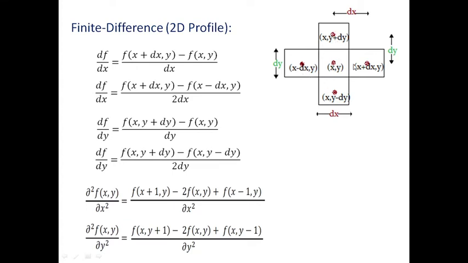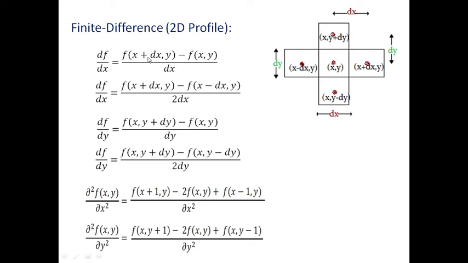So in the two-dimensional coordinate system, the forward difference is dx, and the backward difference with reference to the center pixel is minus dx, and the forward pixel along y with reference to the center pixel is plus dy, and with reference to the bottom it is minus dy, right? So now df with respect to x, that means along the x-axis, what is the forward difference?